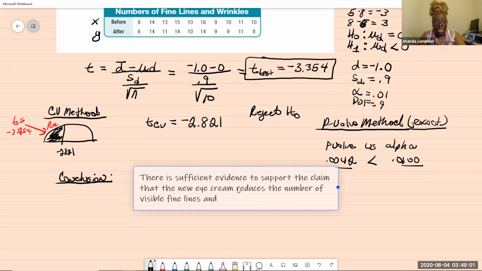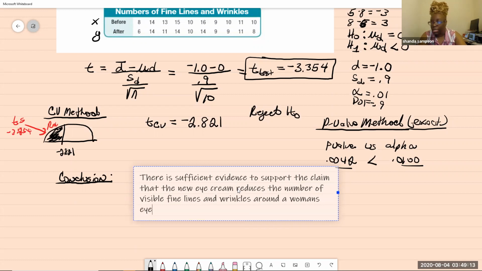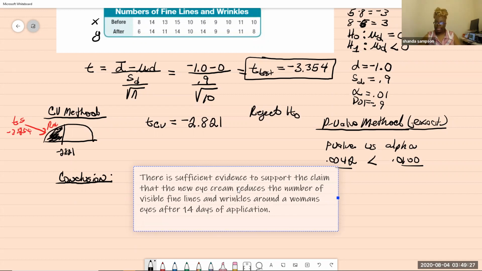And wrinkles around a woman's eyes. I didn't put the apostrophe in, but you get the point. I know it's supposed to go there. After 14 days of application. That's what I'm talking about. Hit the enter button.